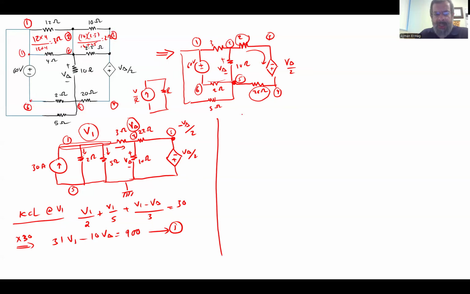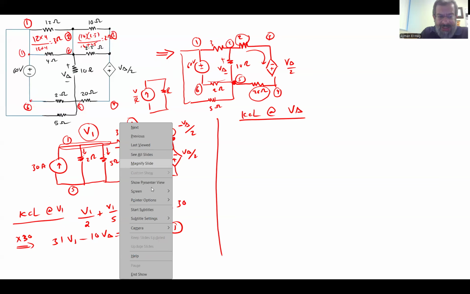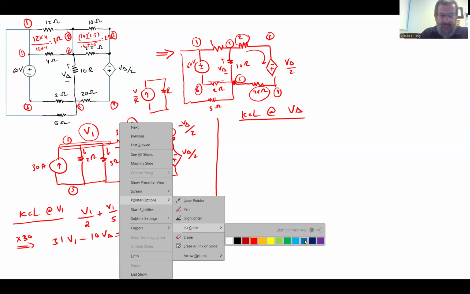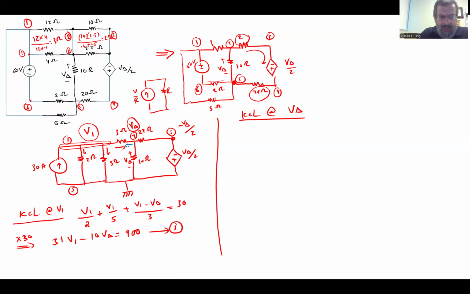So basically apply KCL at V delta. So we have 1, 2, 3 branches, so we have to have 3 elements in the equation. Now, the current direction in the previous step has nothing to do with the current direction in this step. So let me change the color here so as not to cause any confusion. So basically the current direction is this way, and that way.